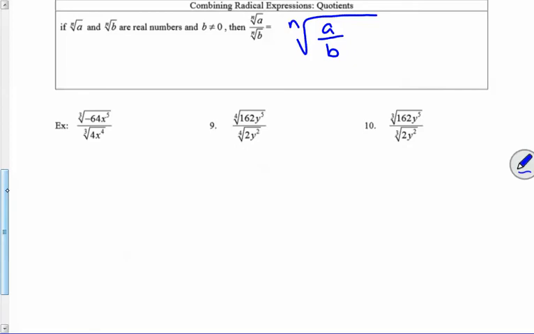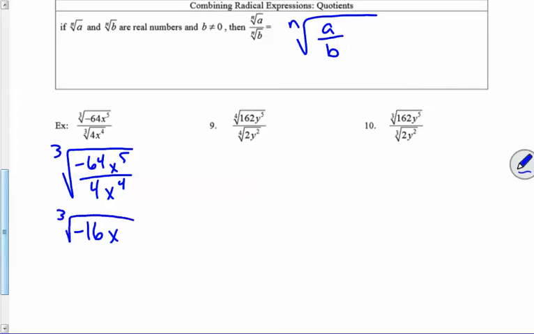We have the third root over the third root, so it just becomes the third root of negative 64 x to the 5th divided by 4 x to the 4th. 64 divided by 4, negative 16 x. So the third root of that gives me negative 8 times 2x. The third root of negative 8 is negative 2, and I'm left with the third root of 2x.